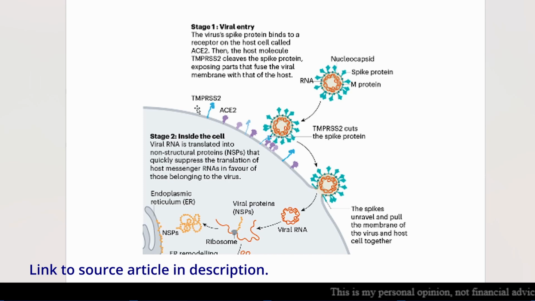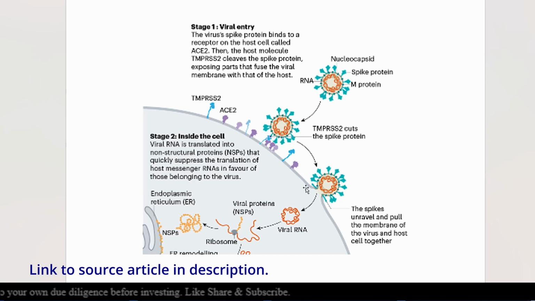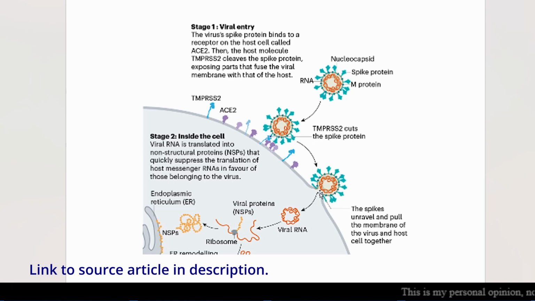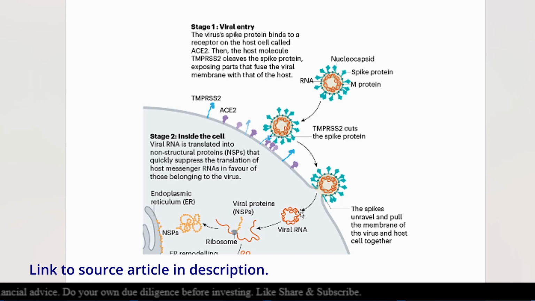And at that point of time, these bluish green spikes called TMPRSS2 extend over and they cut through the spike protein, and then they enable the human cell membrane to fuse with the cell membrane of the virus, and that creates an opening through which the virus delivers its viral RNA. So this is the general method by which COVID virus infects humans.